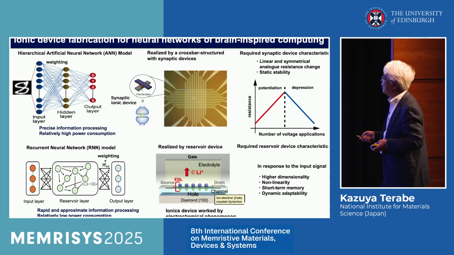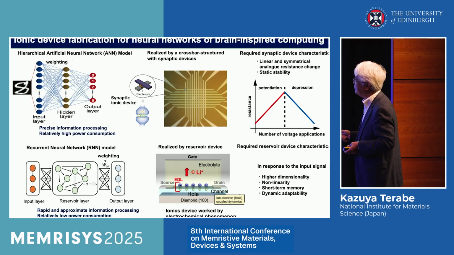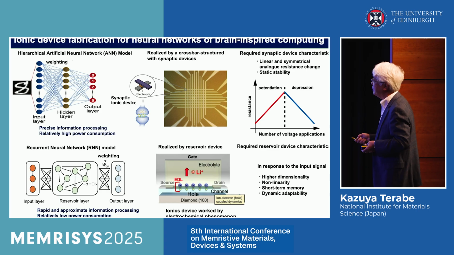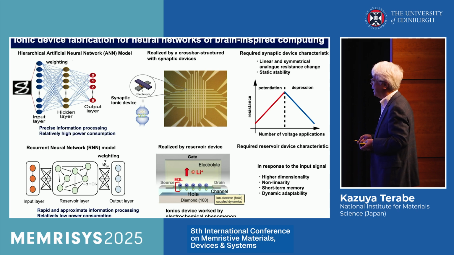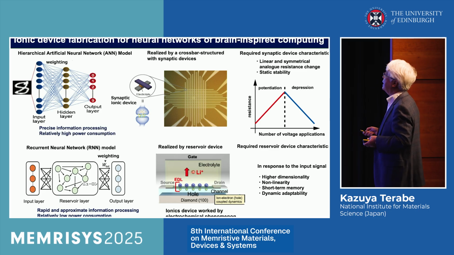And the other is a recurrent neural network model. This neural network is precise information processing and relatively high power consumption. And on the other hand, the recurrent neural network model, this is a reservoir network. This is very rapid and approximate information processing and relatively low power consumption.